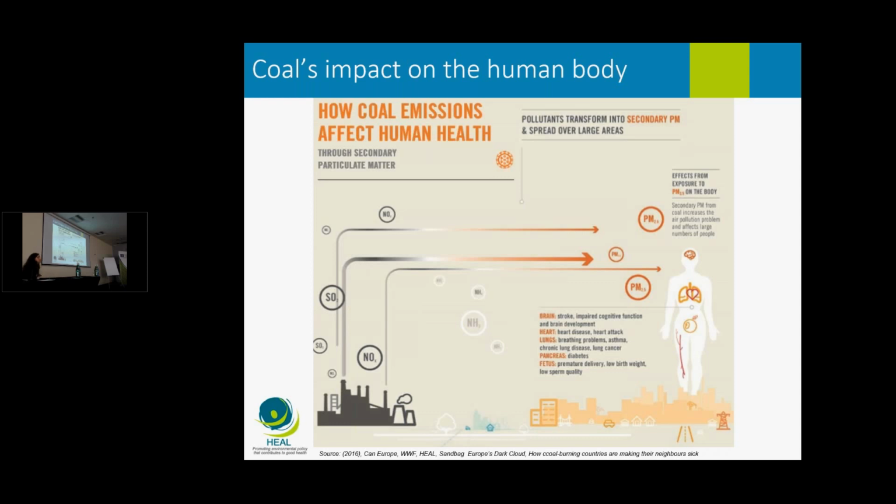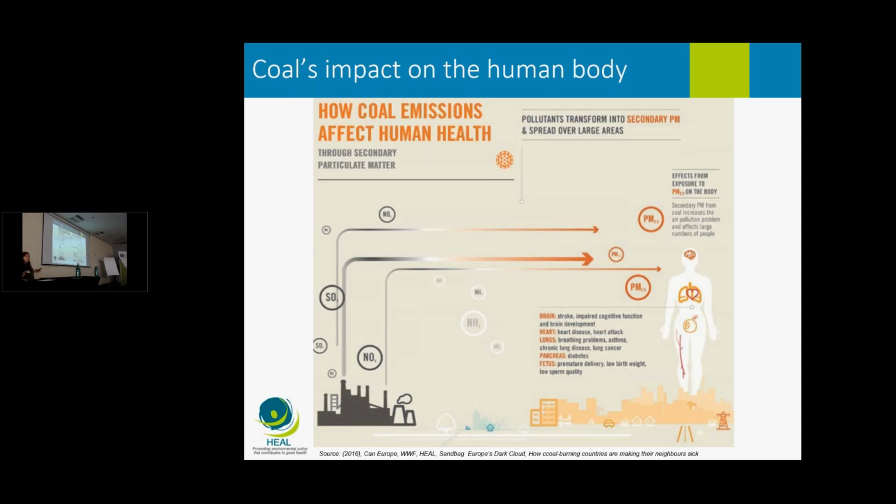And very often we think that breathing bad polluted air means having problems with the respiratory system and respiratory diseases, which is not true, because it's a huge range of cardiovascular diseases, cancers, heart attacks, like you can see here, prenatal problems, diabetes, Alzheimer.